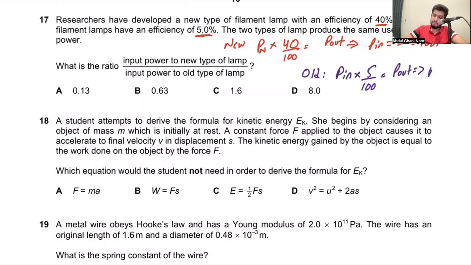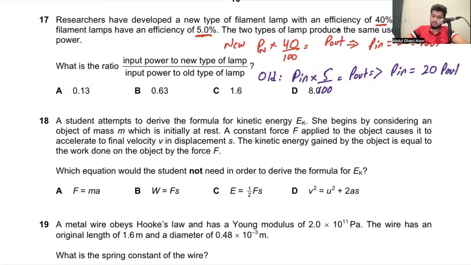Which means P in is equal to 20 times P out. Now the question says, what is the ratio of the input power to the new type of lamp to the input power of the old type of lamp?